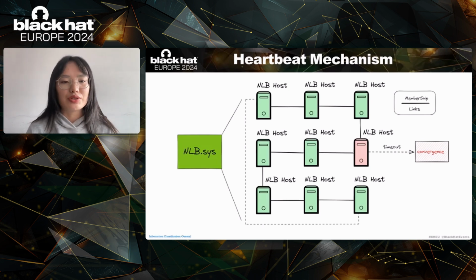During the convergence, the active hosts redistribute the network load, keeping service continuous and load balanced. This process is important for NLB's fault tolerance and automatic recovery capabilities. And these core functions are mainly handled by the NLB sys file.